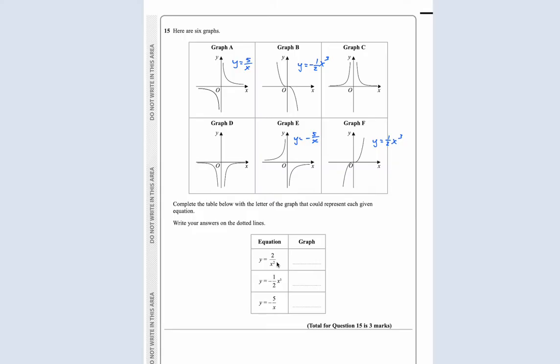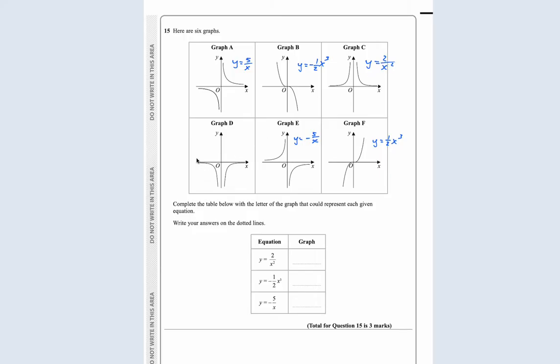No matter what you put in for x, if you put in minus 10, or 2, or 1, or, well, you can't put in 0, which is why there's an asymptote. But if you put in 500, or minus 500, or whatever, this is always going to be positive. So the graph always has to be above the x-axis, which is why this one is y equals 2 over x squared.